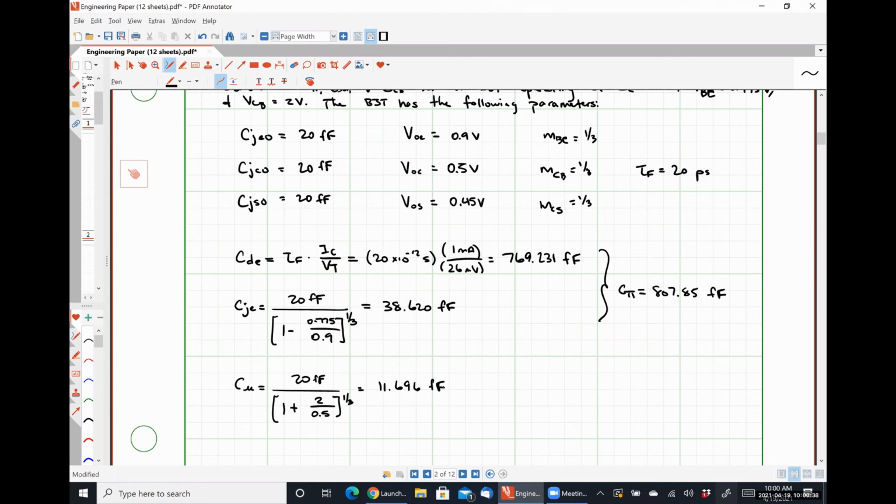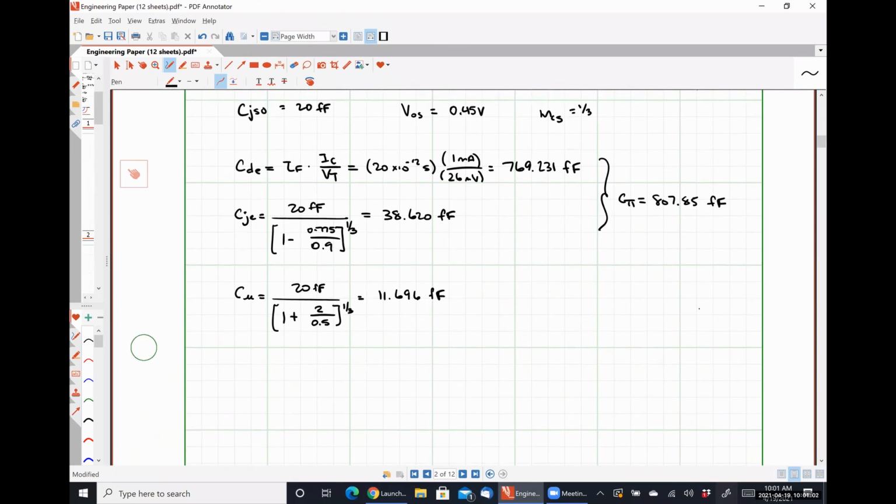But another way to put it would be because I was given VBE instead of VEB. So I just want to be clear about that. When you forward bias it, you should be making that denominator smaller, which in turn increases the overall capacitance of the junction. When you reverse bias it, you should be making the denominator larger, which is going to decrease the overall junction capacitance.